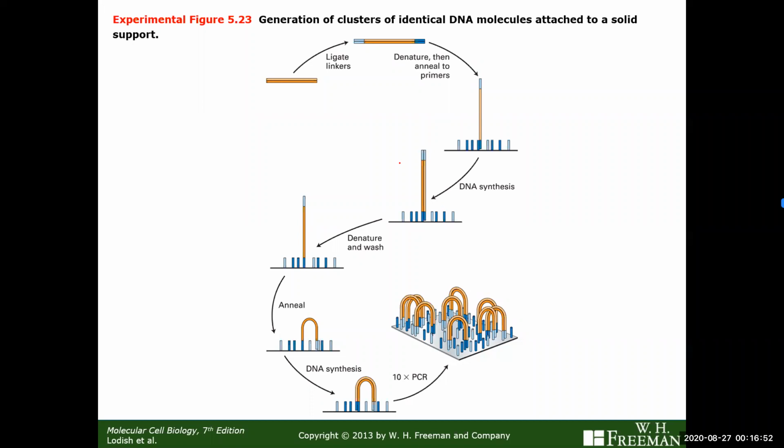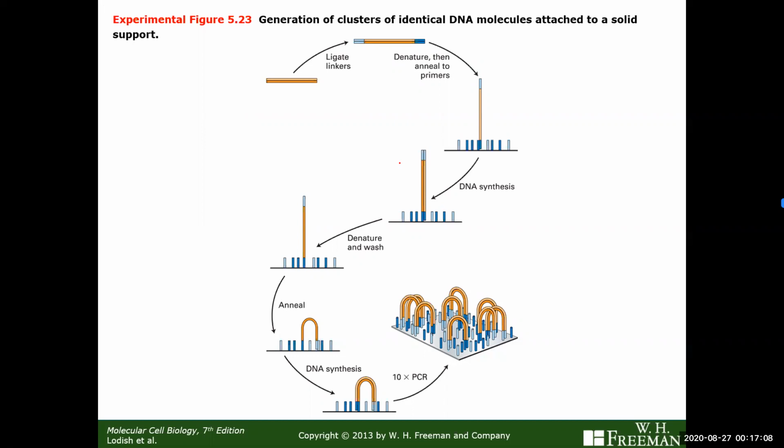So the fundamental difference between the Sanger method of sequencing and next generation sequencing is this. In the Sanger method, in a particular reaction tube, you can sequence only one template.